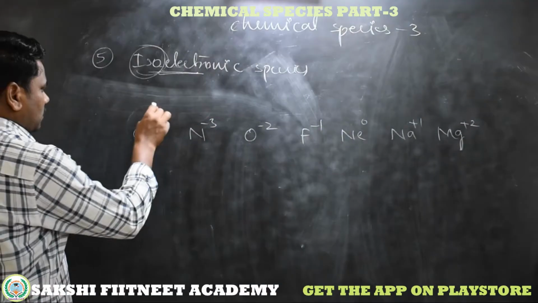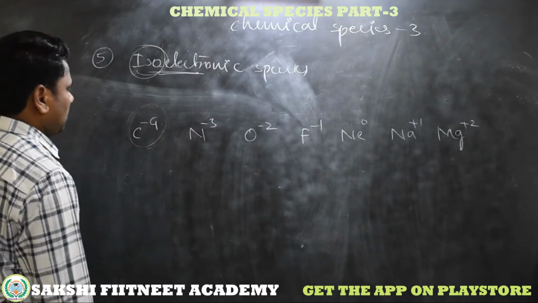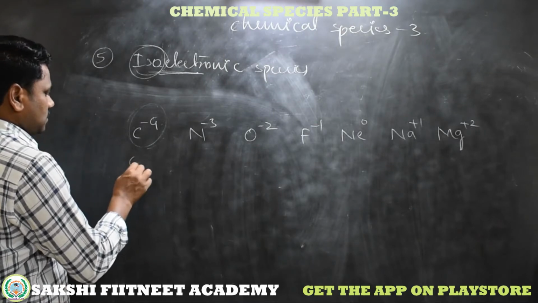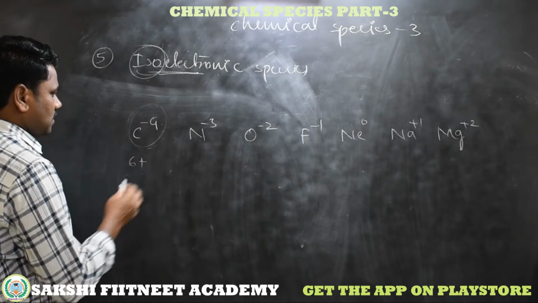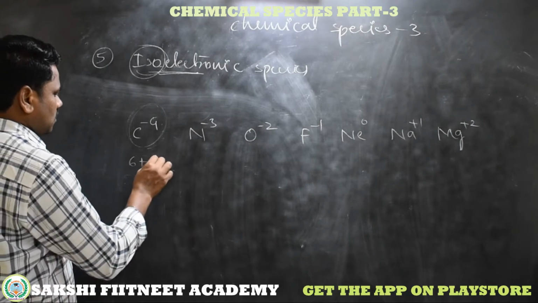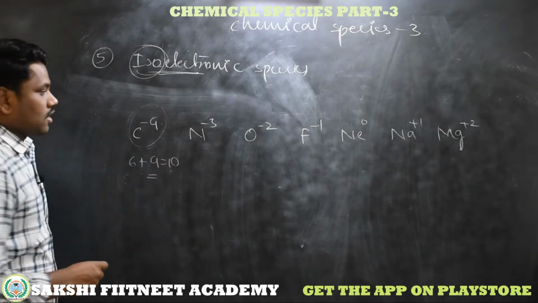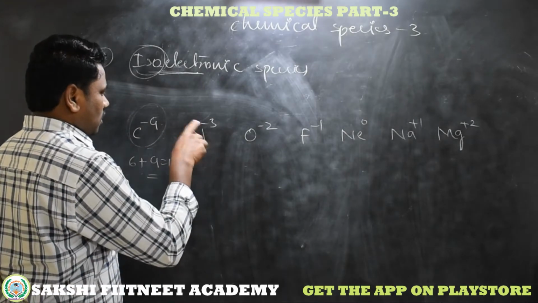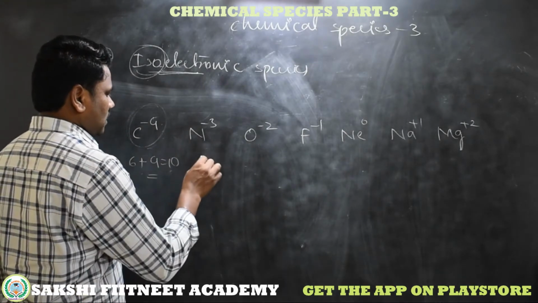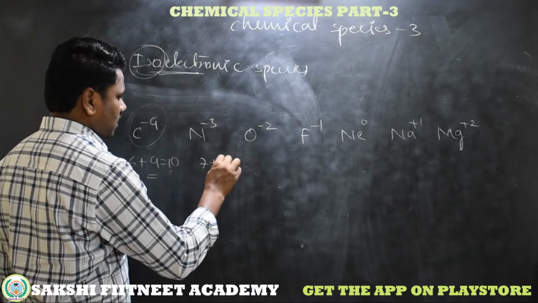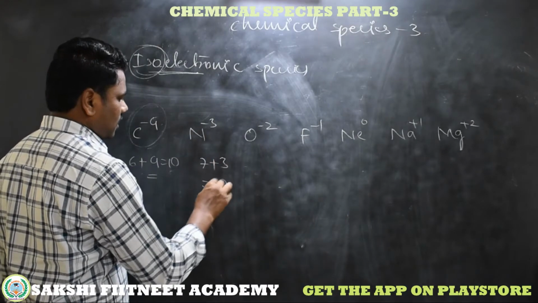Now see the total electrons of this C -4. Carbon atomic number 6, that means 6 electrons, plus the -4 charge, gained 4 electrons, so total 10 electrons. Coming to nitrogen, the number of electrons is 7, plus gained 3 electrons, that is the -3 charge, it becomes 10 electrons.